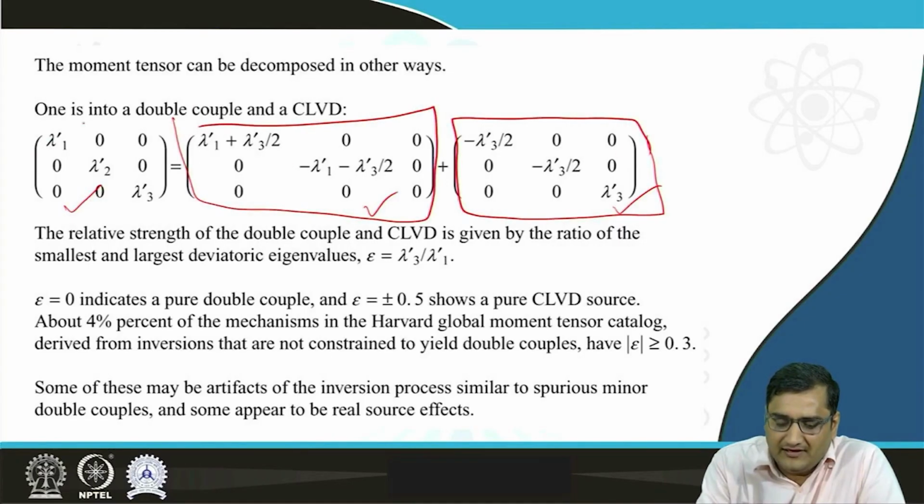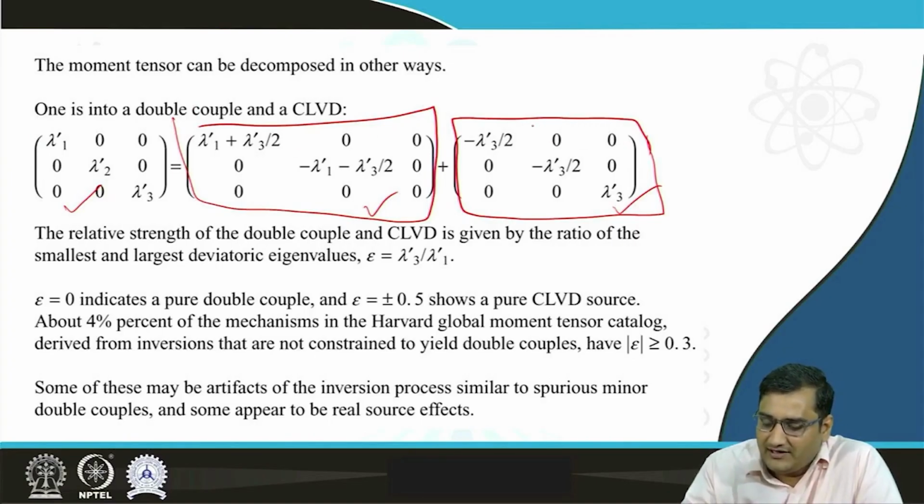Generally the rule is that the moment tensor for CLVD will look something like this. You can take the third element, take half of it, and take the negative of it. Again you can do the same thing for the M22 component, and for M33 you can take the same lambda 3 dash as it is, and for the other double couple, you can calculate using these expressions.